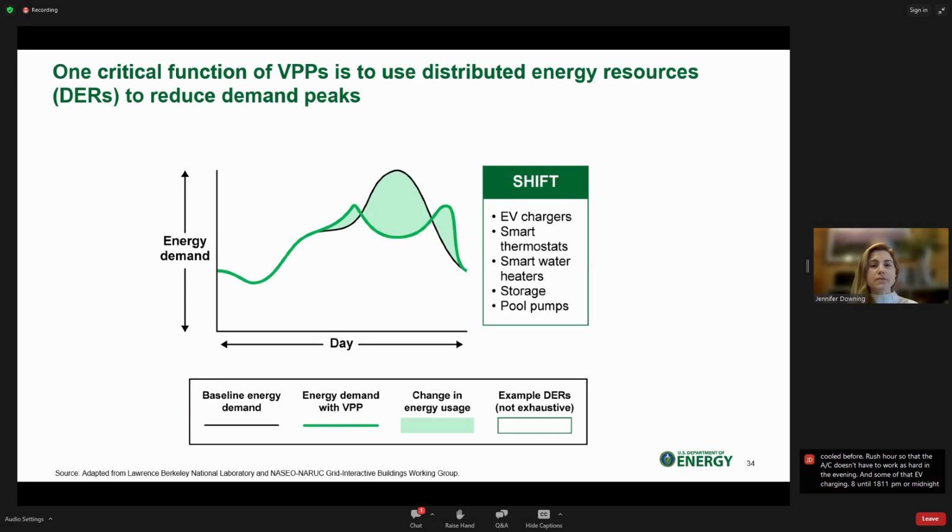And what that does is it shifts demand outside of those peak hours, brings down the peak demand on the grid so that we don't have to turn on those peaker plants that are disproportionately in low-income communities. It also means that we can delay upgrades to stations or transmission lines that are reaching their capacity during peak hours. Next page.